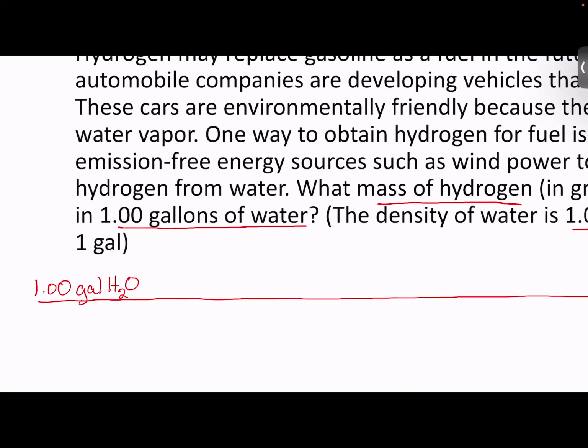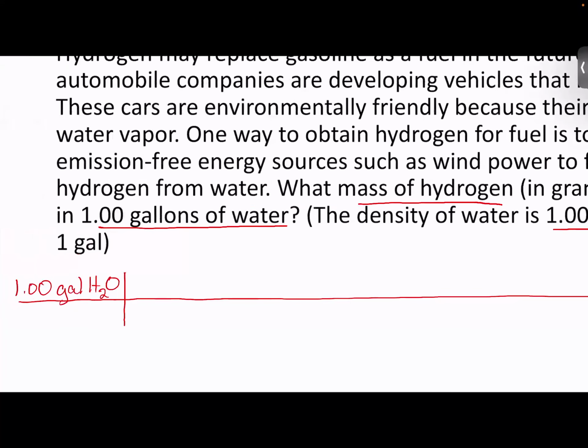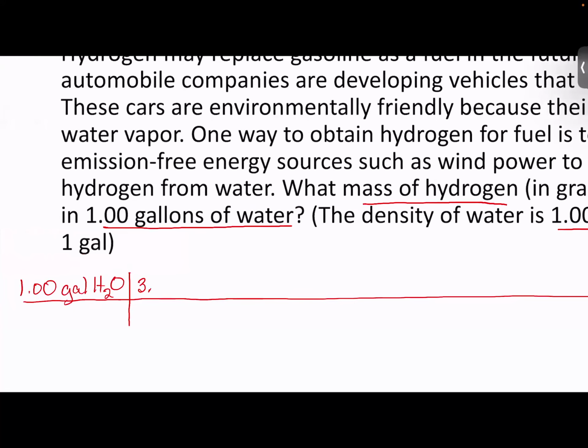But okay, so the first thing we're going to do is convert that gallons of water into liters of water with the fact that 3.785 liters is equal to a gallon.